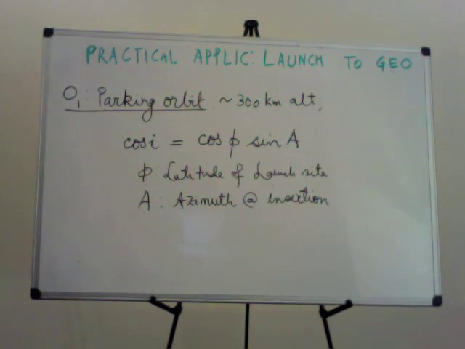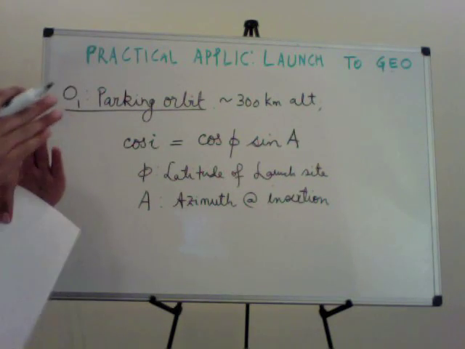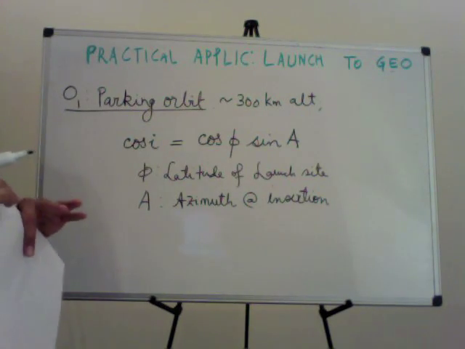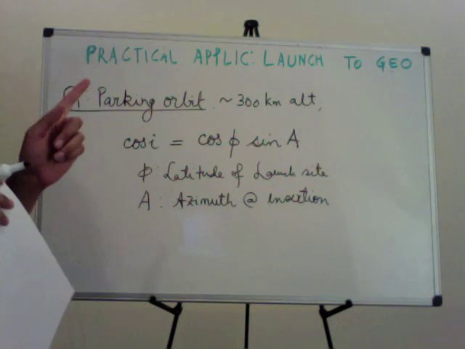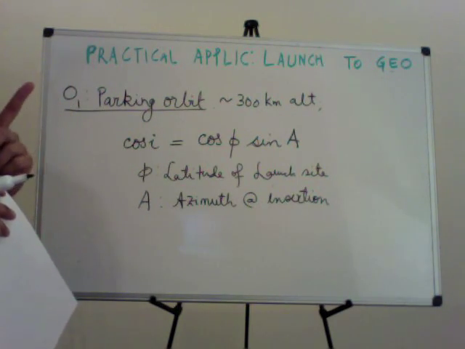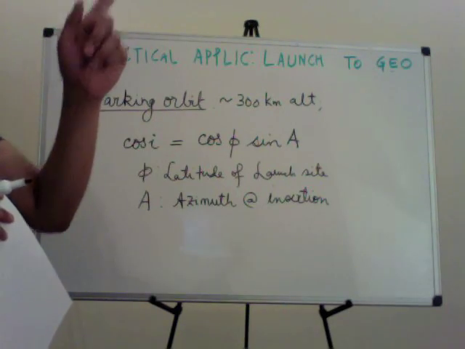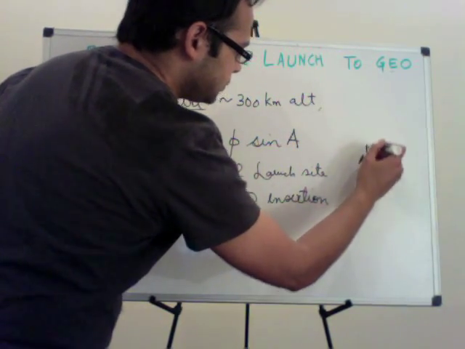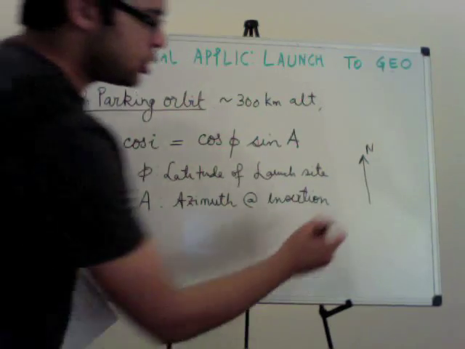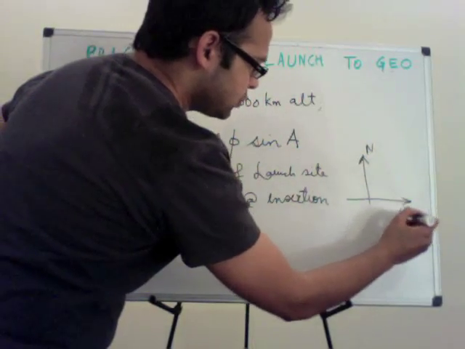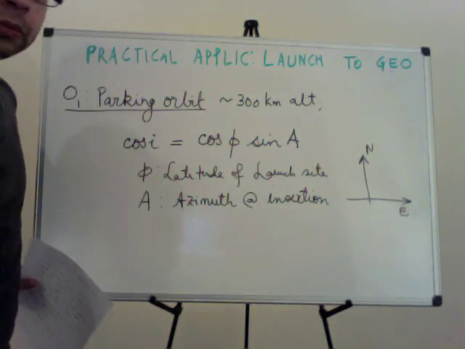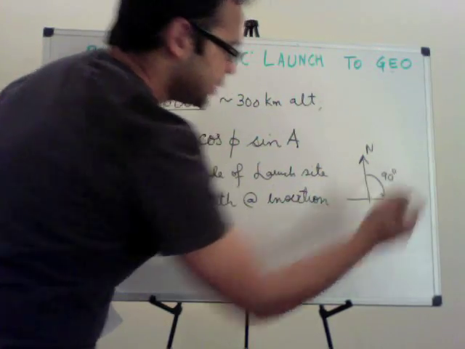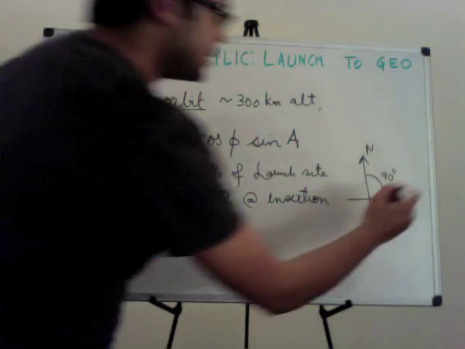Now the azimuth is the direction of flight of the vehicle at the point of insertion, and this direction of flight is measured clockwise from a direction that points north. So if this is my local north and the insertion takes place in an eastward direction, which is how it is done, I measure clockwise, and that angle is 90 degrees as the azimuth.